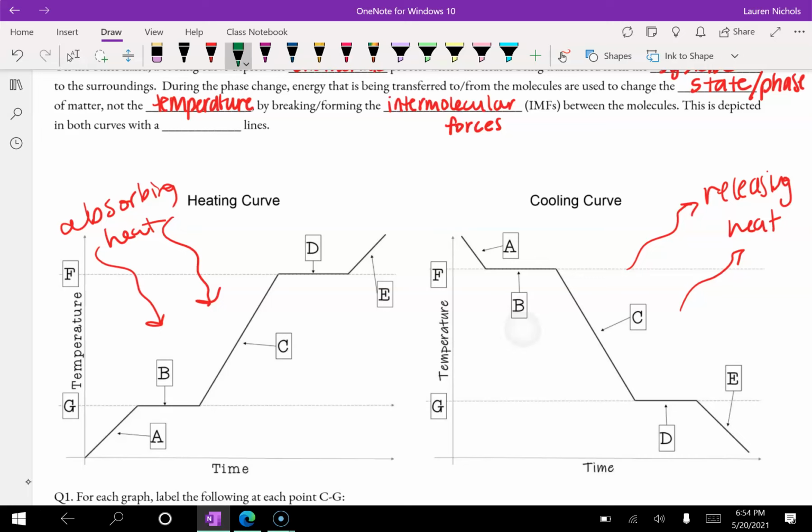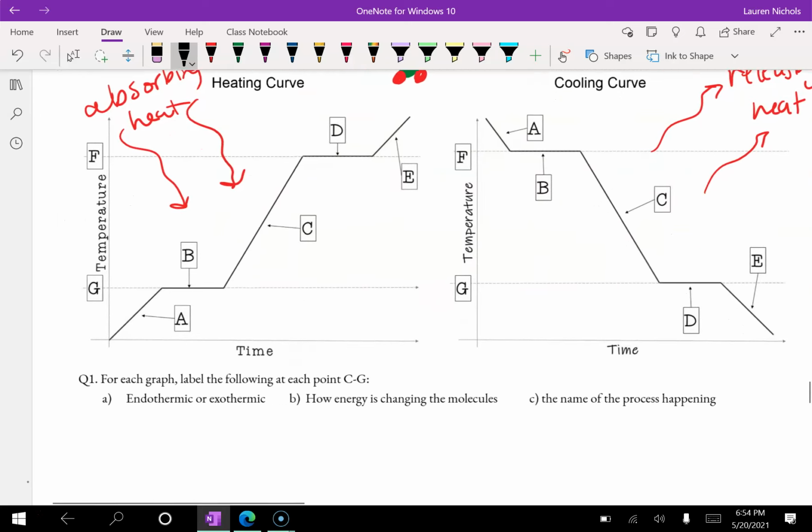So for example, if I have a water molecule that looks like this, and I have another neighboring water molecule, they're all in a glass or something like that, there is an intermolecular force that kind of bonds and attracts them together. It's not a full bond, it's just like a force, like a magnet, and it keeps them together. So the stronger they are, the harder it is to change them.